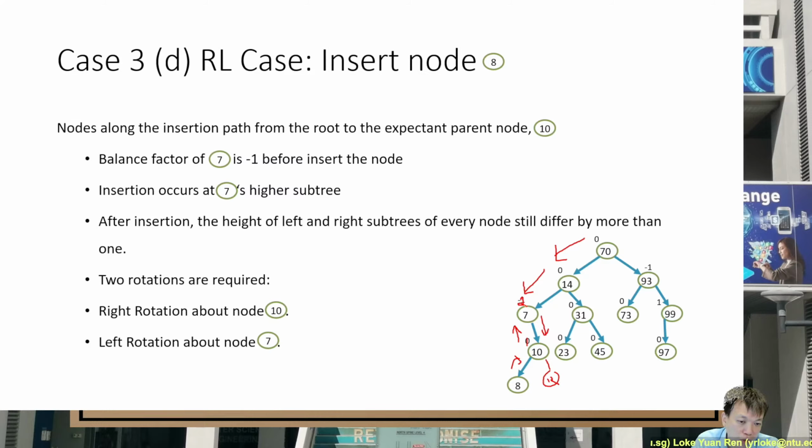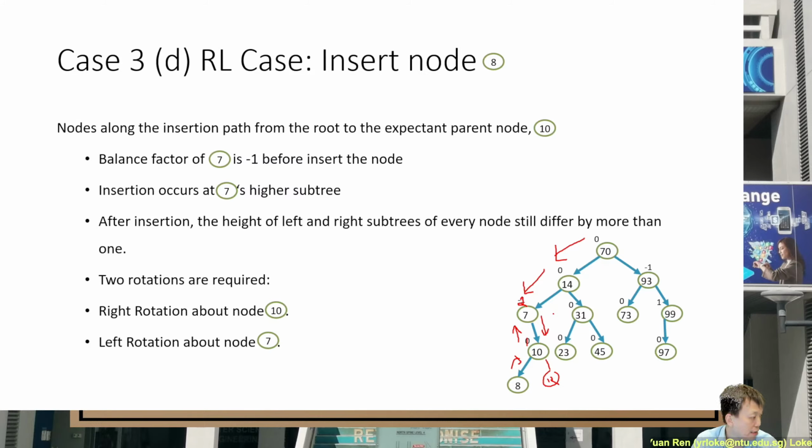So you need to check the right child's balance factor. You will know whether it's at the left side or the right side. Is the left subtree higher or the right subtree higher? Then you will know whether it is an RL case or RR case.